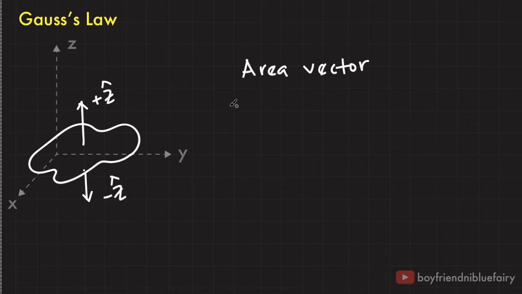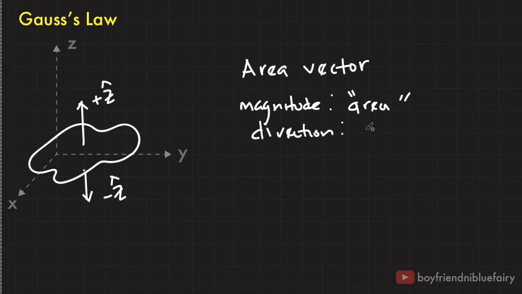So an area vector has a magnitude of the actual area of the surface we are talking about, and the direction is the vector that is normal to the surface.